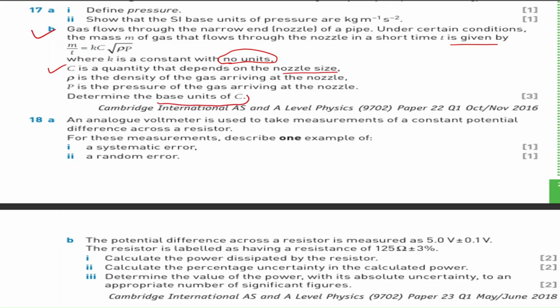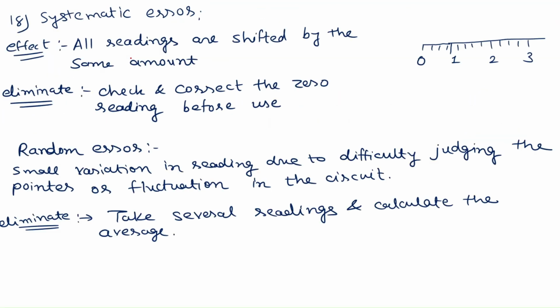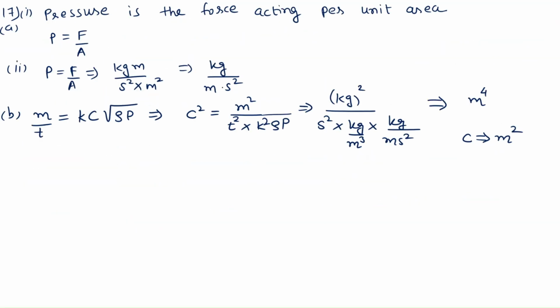So in this question we have to find the base unit of c by using this equation. This is the formula. Make c the subject of the equation, and we get a formula like this.